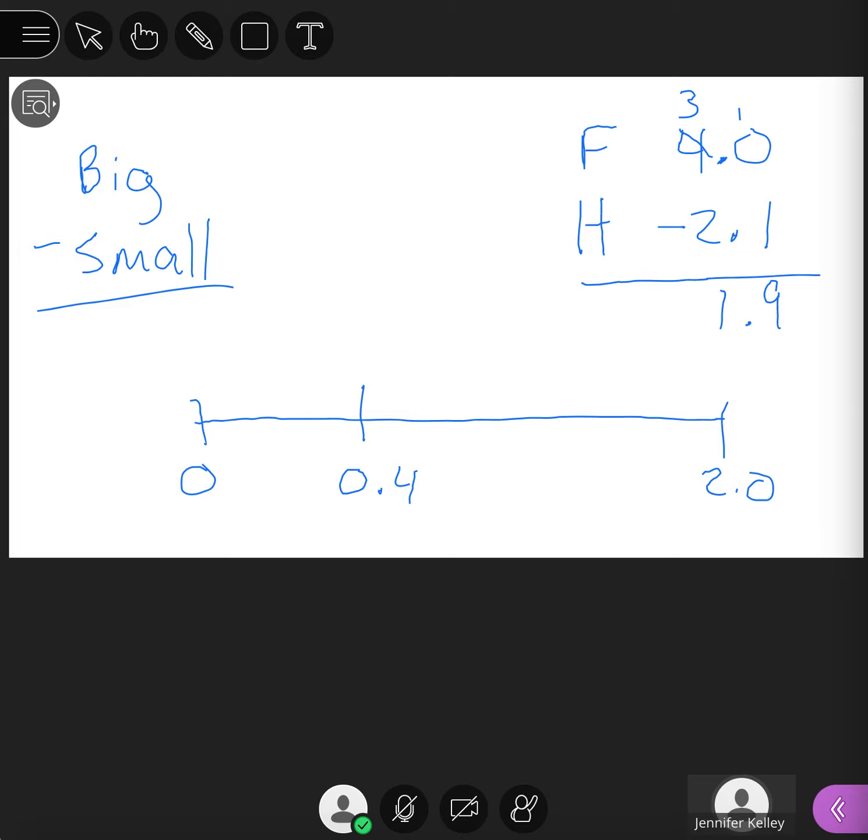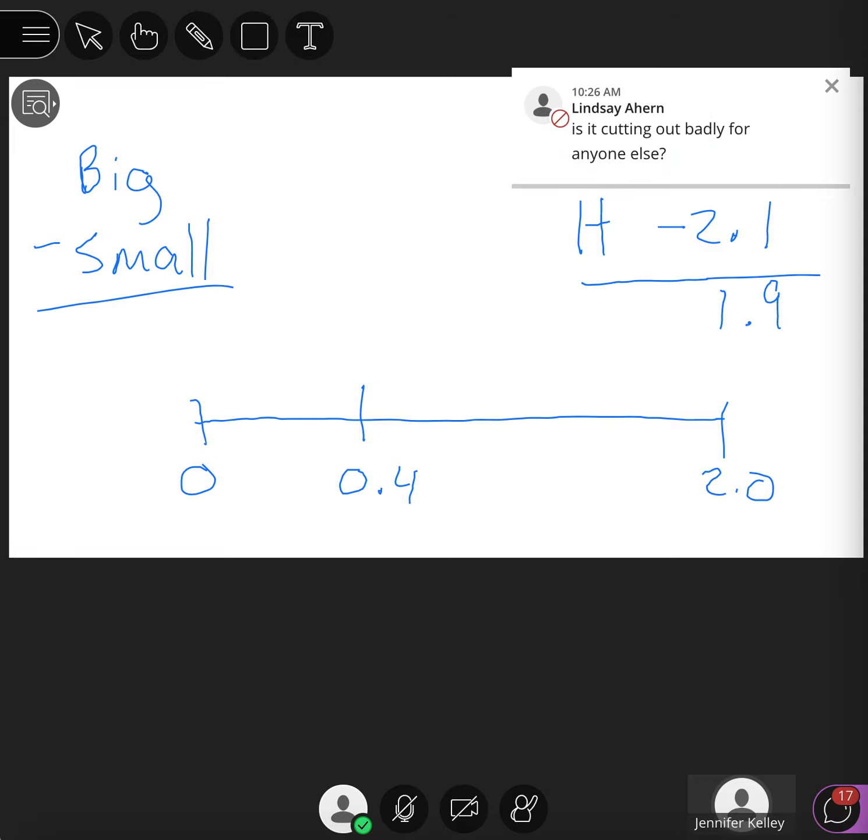Those are just two different ways you can look at the electronegativity. One is a chart, and one is more of a number line. They have some examples on there.